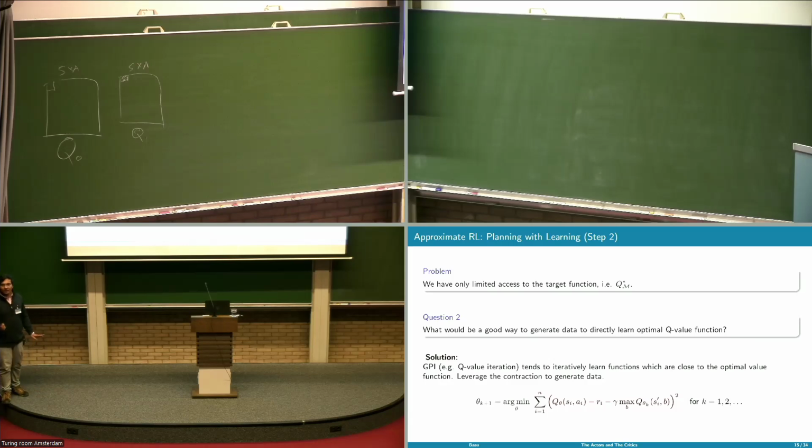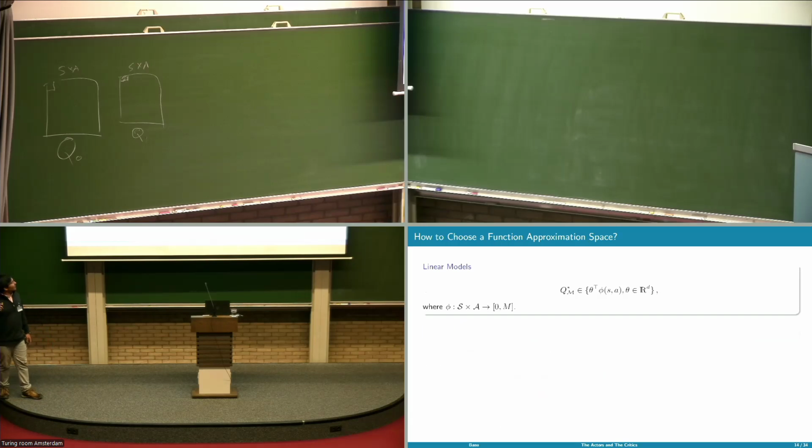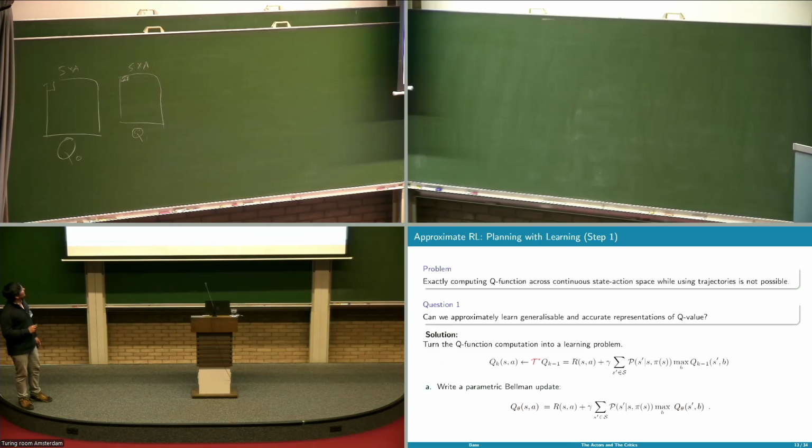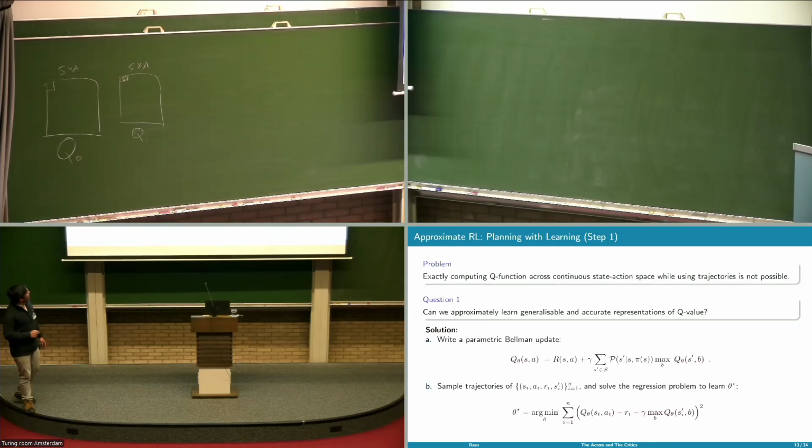Think of it a bit. First thing, if we go back, we knew that we can find the optimal Q by applying the optimal Bellman operator again and again iteratively. And we know for the optimal one, Q star itself is the optimal Bellman operator applied on Q star. Then you turn this into a regression problem. You use Q on both sides and try to find the parameter that optimizes it.